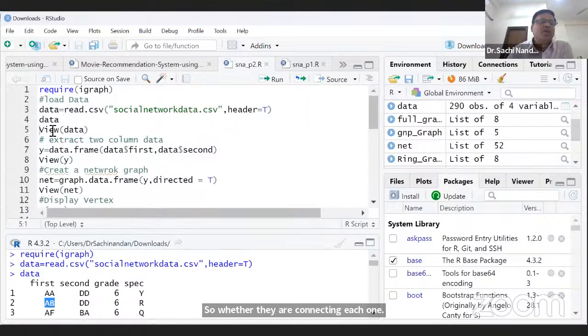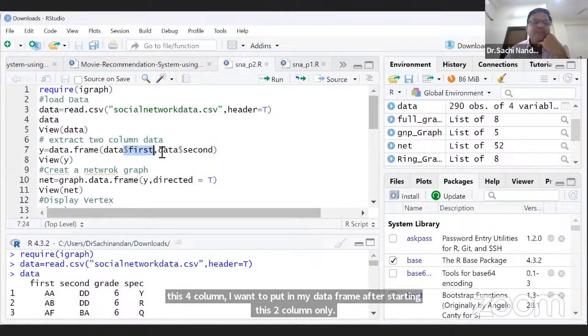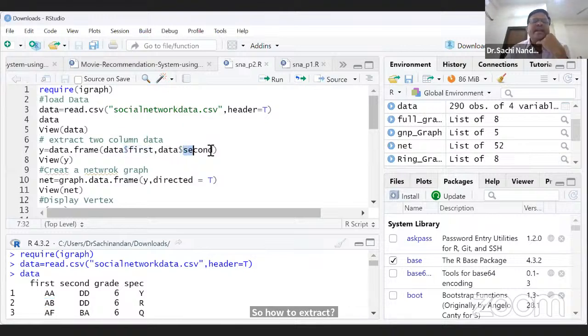Okay, so view data is there. Then to extract from this 4 column data, I want to put only these 2 columns in my data frame. So how to extract? Use dollar, the attribute name, and dollar, the second attribute name. The first attribute is first, the second attribute is second.